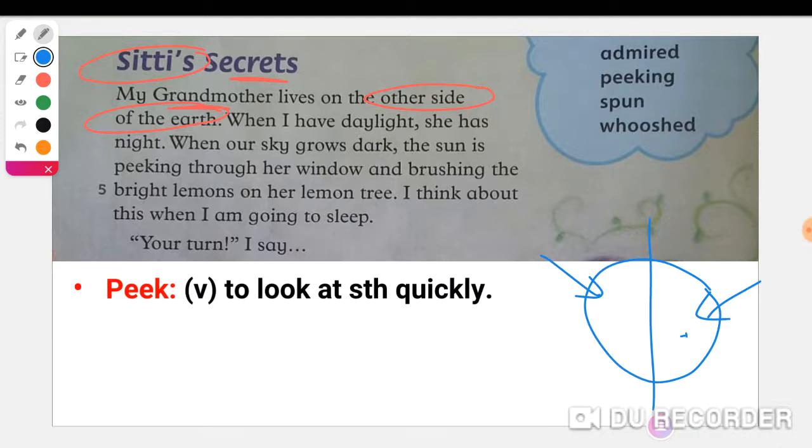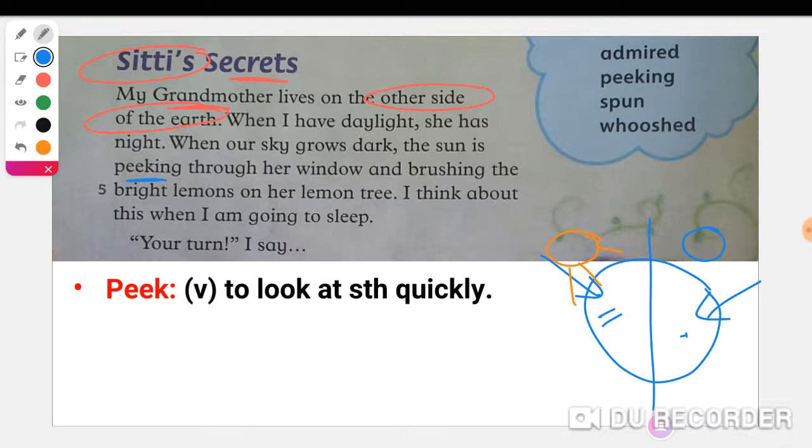When Mona has daylight in America, what about the Middle East? It's dark. We have the moon, okay? When it's dark in America, the sun is peeking through her window and brushing the bright lemons on her lemon tree. I think about this when I'm going to sleep.